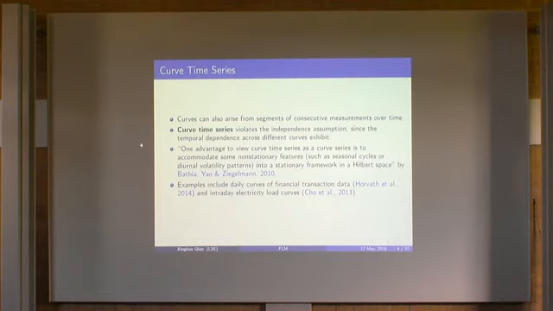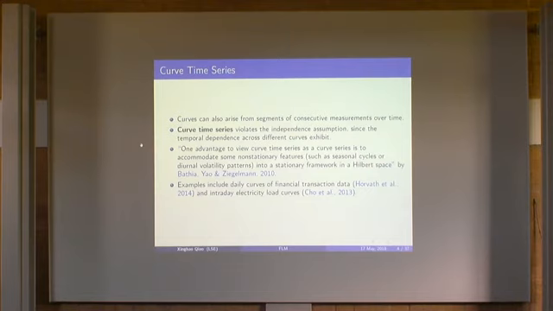You can think about this type of functional data like the following. You can observe the daily stock price. Within the day, we can consider the stock price as a curve. So this will be functional data. And across the days, of course, there will be some dependence structure. So this can be a time series. This type of data is called curve time series.